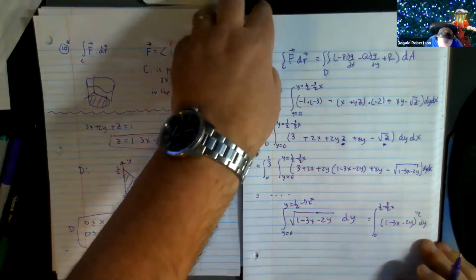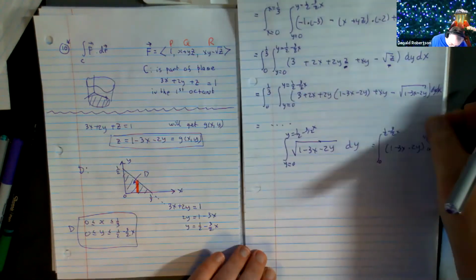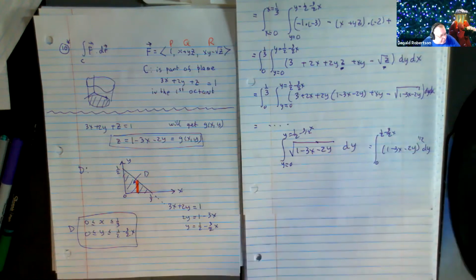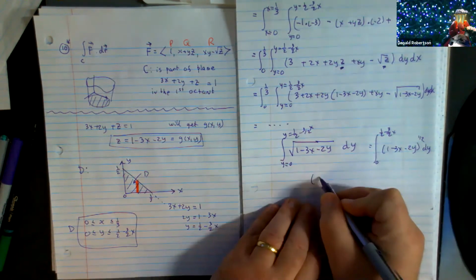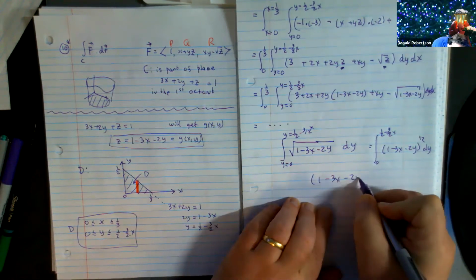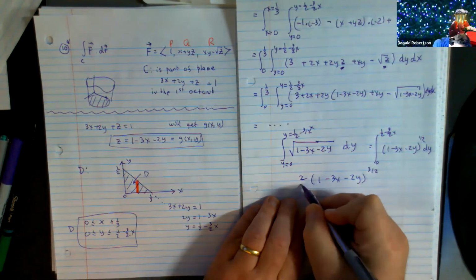And then I'm going to integrate it the way I normally would. I'm just going to think of that x as being a number, a constant. So the rule is: add 1 to the power, divide by the new power.